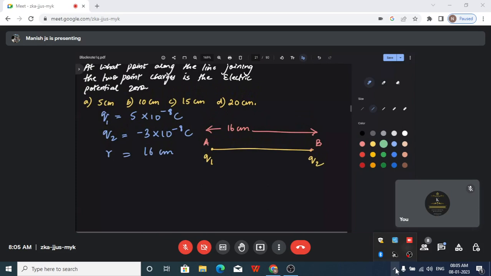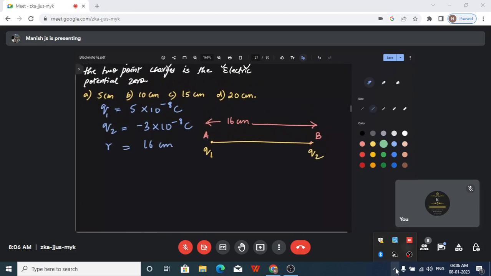Now, at what point along the line joining the two charges is the electric potential zero? What is the meaning of at what point along the line joining the two charges?